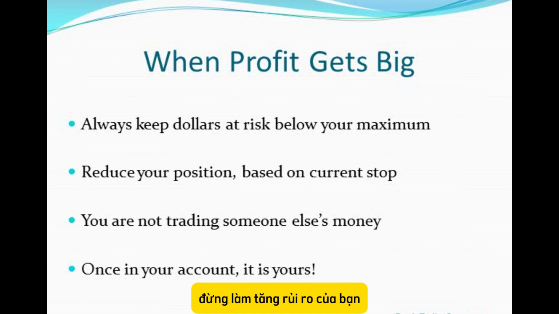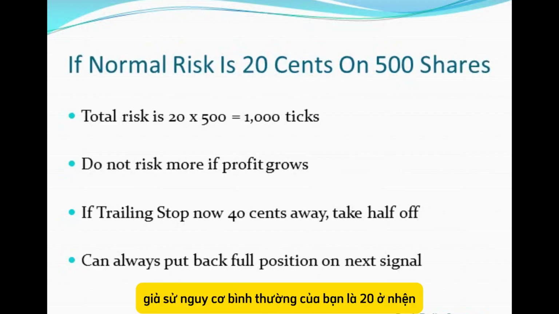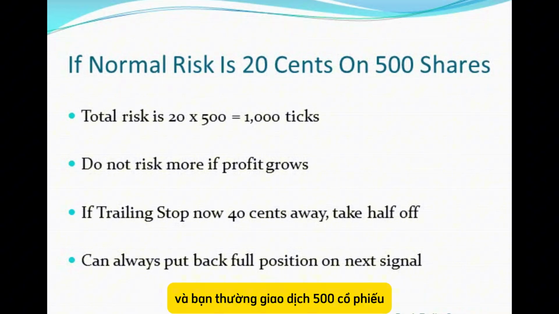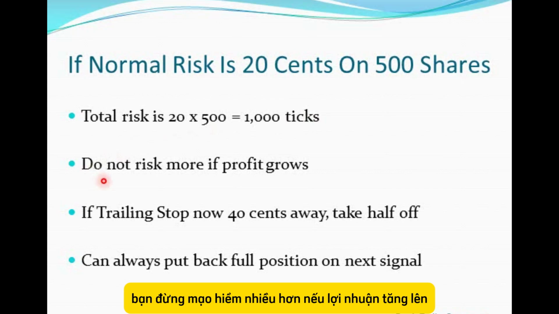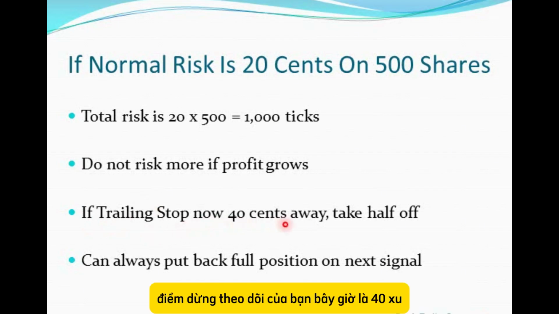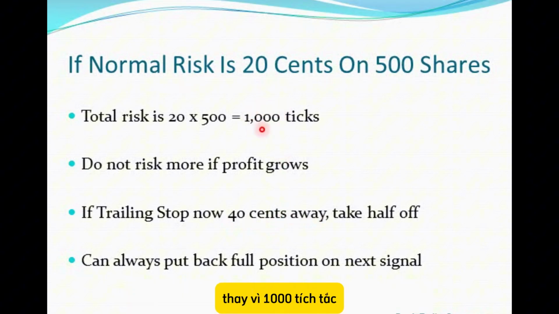Don't increase your risk. So for example, let's say your normal risk is 20 cents in the spider, and you normally trade 500 shares. So your total maximum risk is 1,000 ticks. Do not risk more if the profit grows. For example, if the market rallies and you're long, and your trailing stop is now 40 cents away, that means you're risking 2,000 ticks instead of 1,000 ticks.